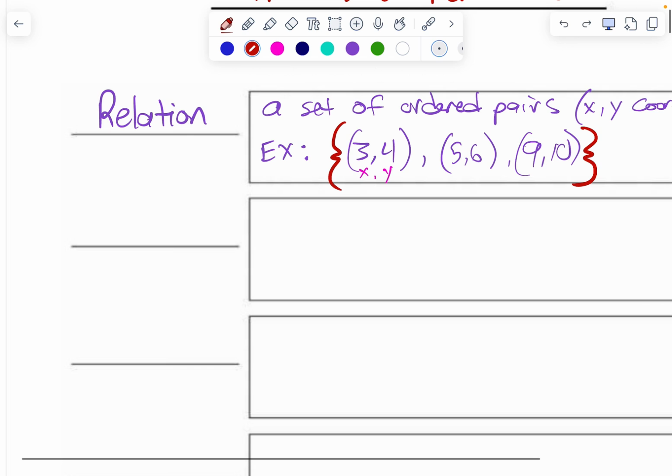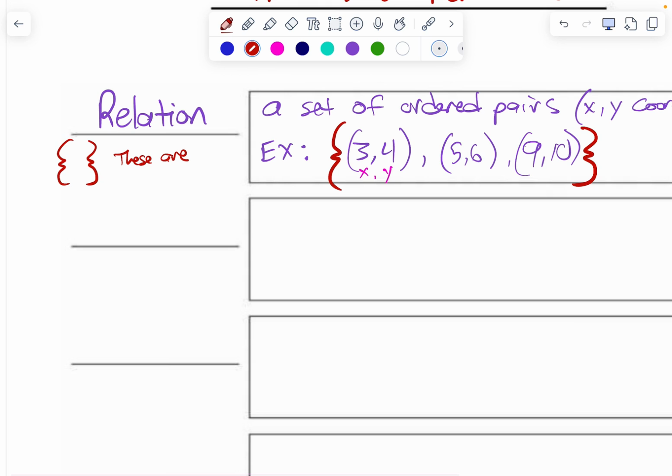Now, these have names. They're called braces. Yeah, technically. Brace as in like the stuff in your teeth that the doctor puts in.